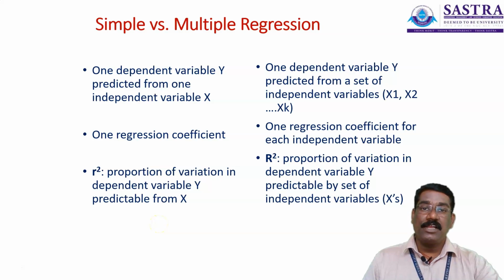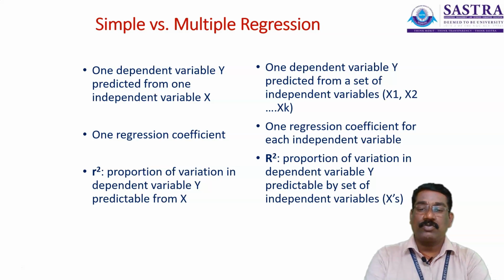And the next one is the regression coefficient. Here we get only one regression coefficient, but in multiple regression, for each independent variable we get a regression coefficient value associated with that specific independent variable. And next one is R square.